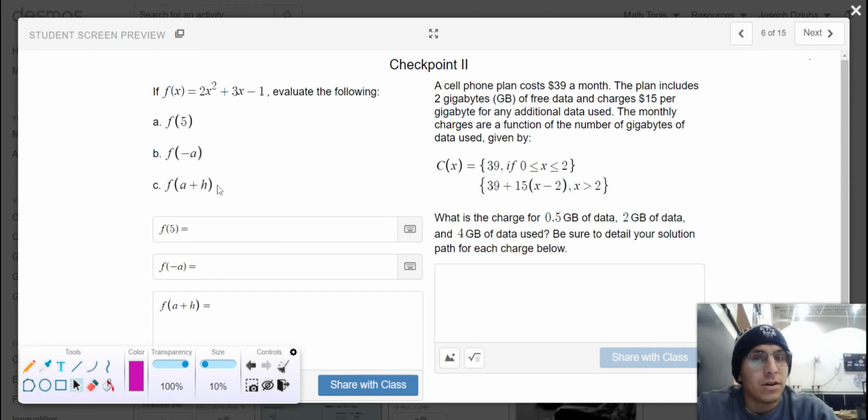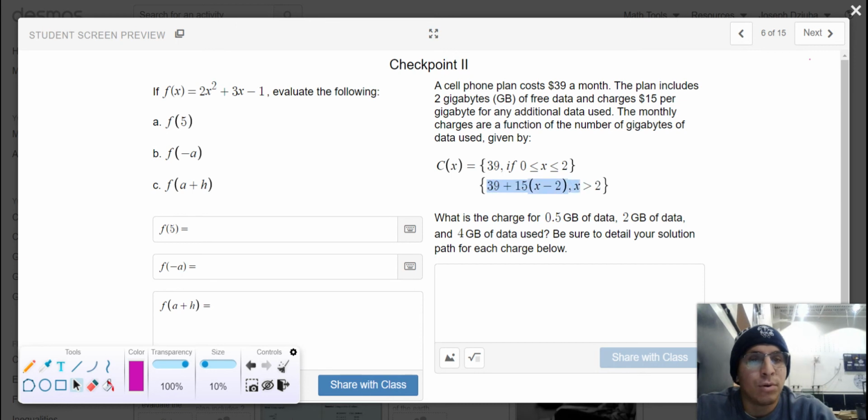I'll leave the first half for you, but in the second half, we would consider c of x a piecewise function because it is behaving differently depending on the context of its interval. If the inputs reside between 0 and 2, the function is behaving constantly as the value 39.